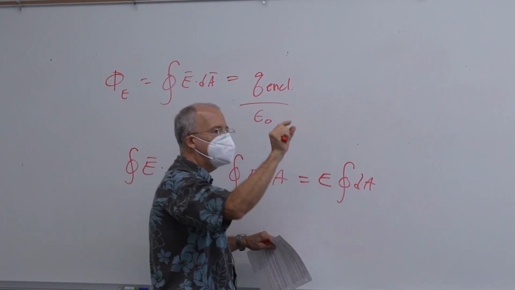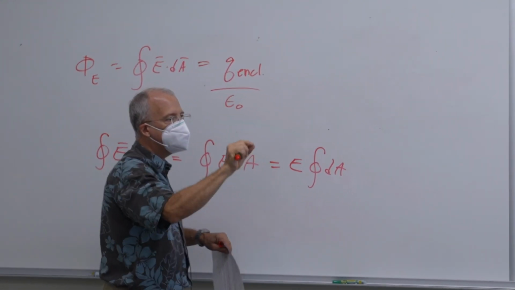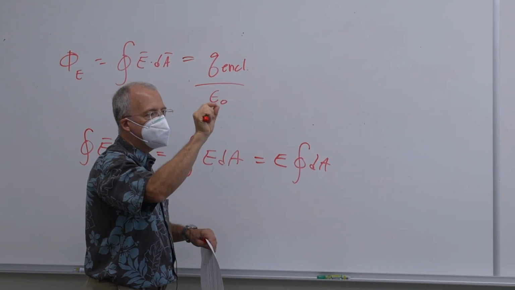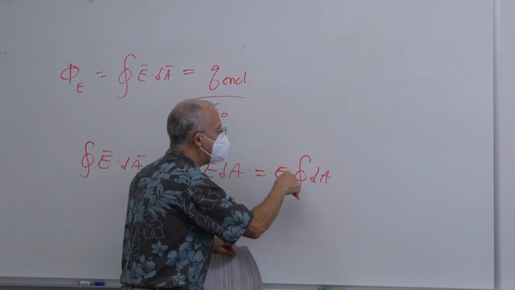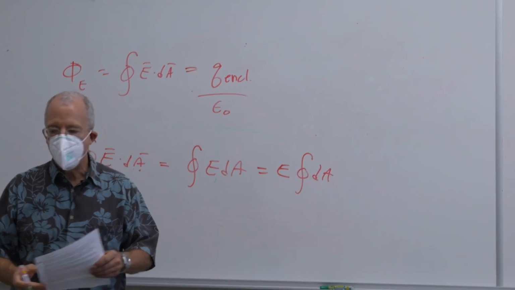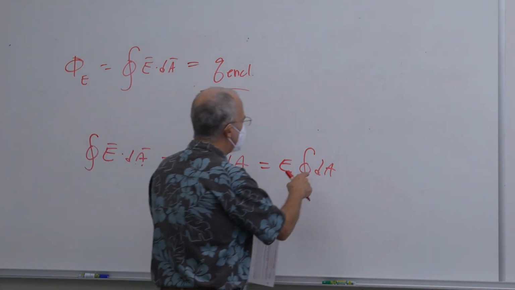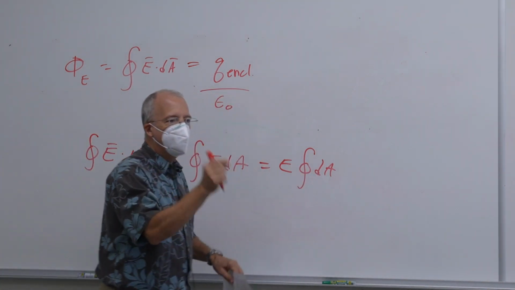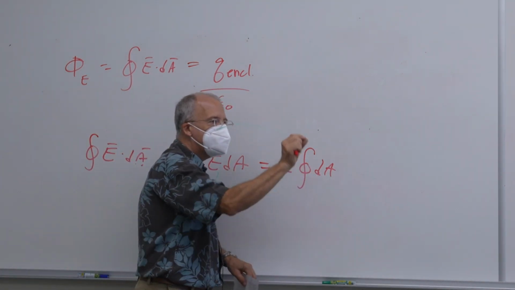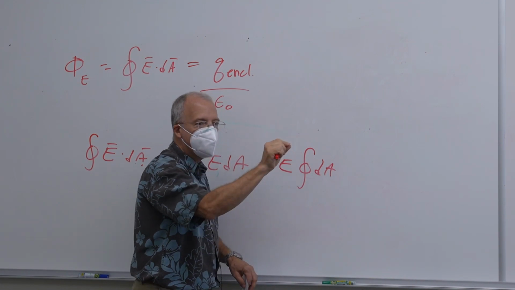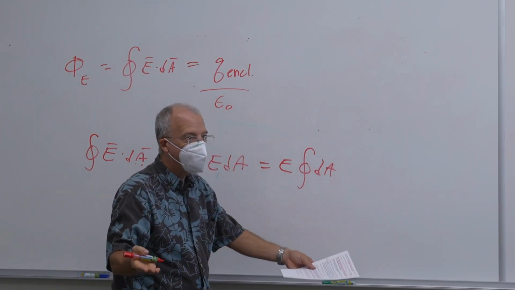So you just think about the Gaussian surface. You're breaking up into all these little tiny dAs. This is just summing them. So this is the sum of all the little surface areas. So that means it's the total surface area, right?